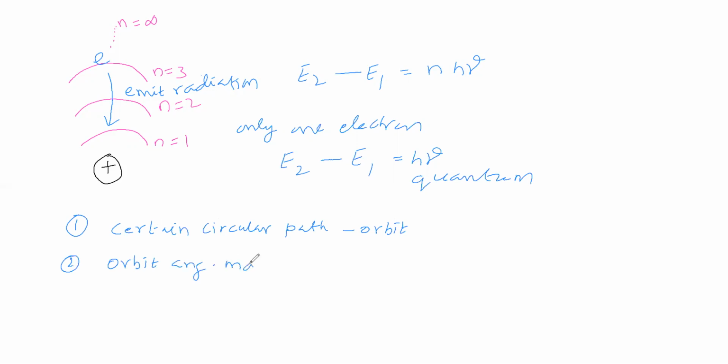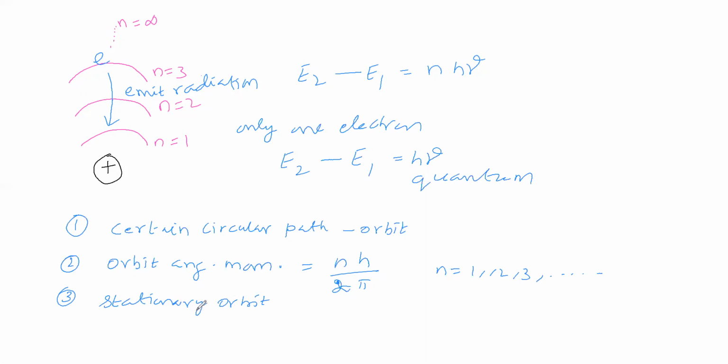The angular momentum of the orbit is nh by 2 pi, where n is a positive integer, it will take only whole numbers. When the electron is in a particular circular path, its energy is constant, therefore the orbit is a stationary orbit.